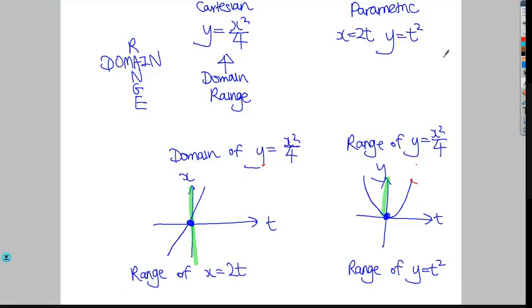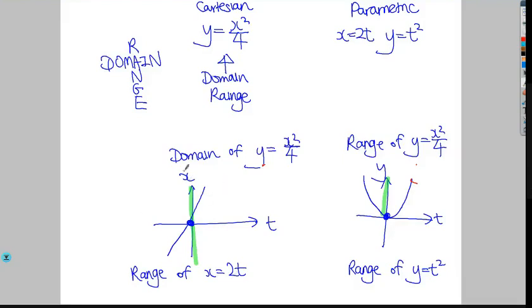They are both now written with a third letter t: x equals 2t and y equals t squared. If I would like to find the domain of my Cartesian form, I can still use these two, draw the graphs of these two, and just look at the range for both of them. Looking at x in terms of t, x equals 2t, you can see that I draw a straight line here.